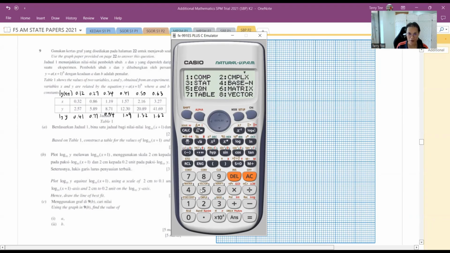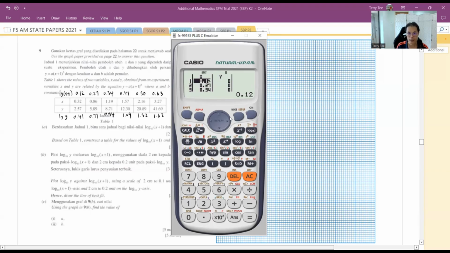So once again, you go to mode, 3 for stats, a plus bx, your x values. Oh no, I have to key in again: 0.12, 0.27, 0.34, 0.41, 0.5, 0.63.